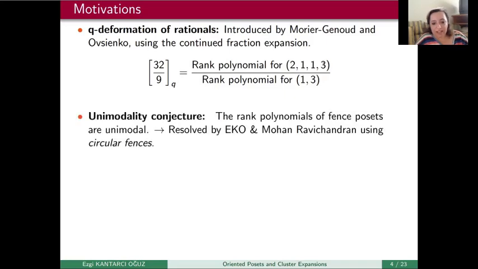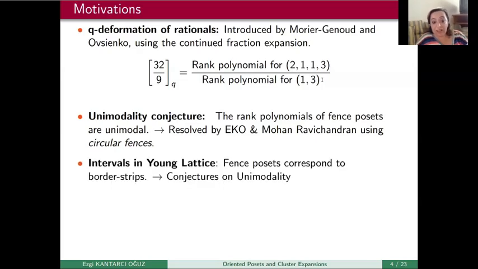They had a very nice conjecture that the rank polynomials of these fence posets are always unimodal, and I really like puzzles and conjectures, so I was really attracted to this, and we were able to resolve it with Mohan Ravichandran.